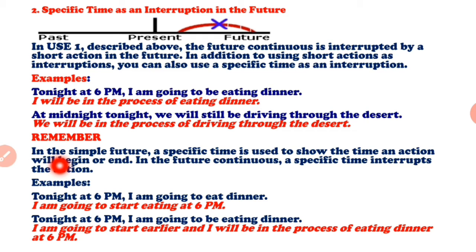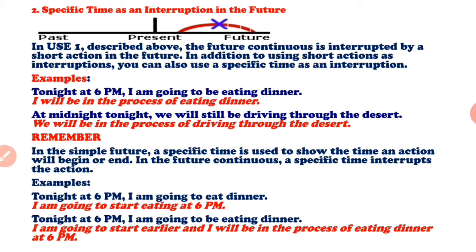Next you can check. In the simple future, a specific time is used to show the time an action will begin or end. In the future continuous, a specific time interrupts the action. You can differentiate between simple future and progressive future. What is here?